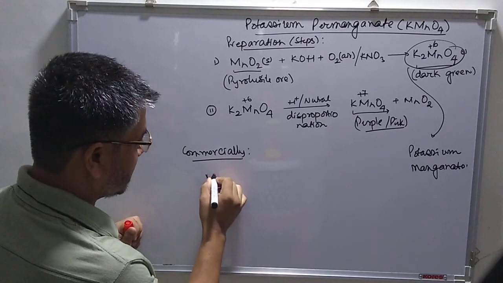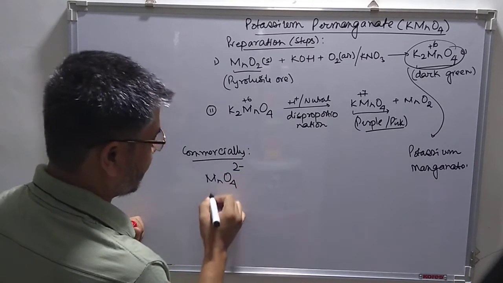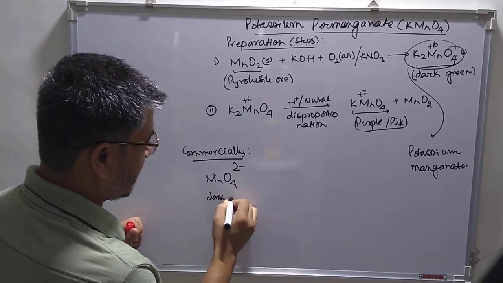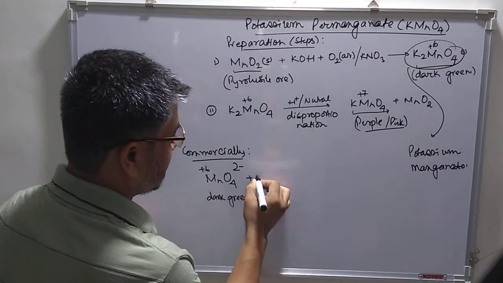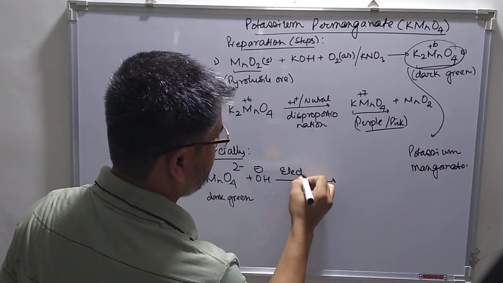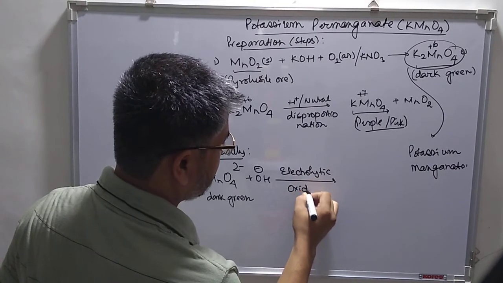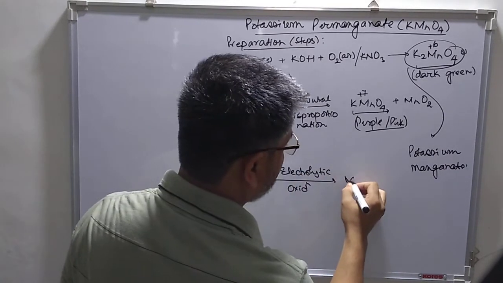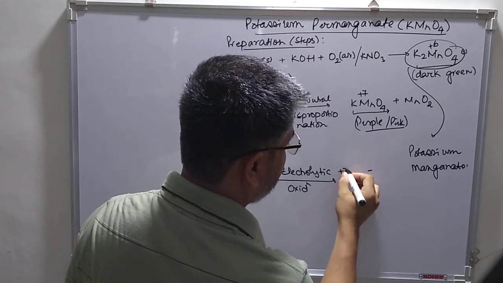So we have MnO4 2 minus, that is dark green, Mn +6, in presence of alkali, electrolytic oxidation, gives you MnO4 minus, Mn +7.